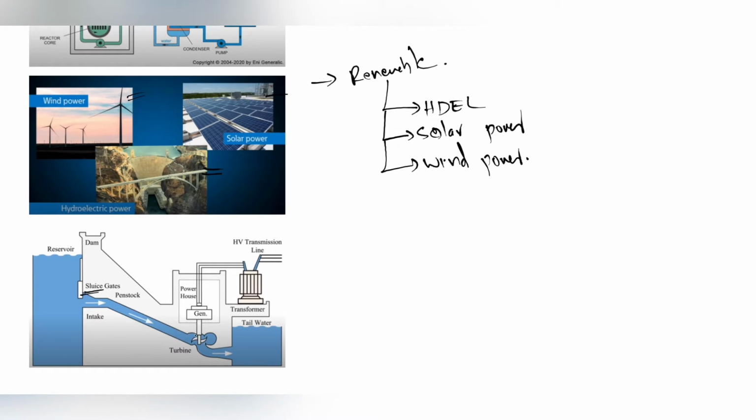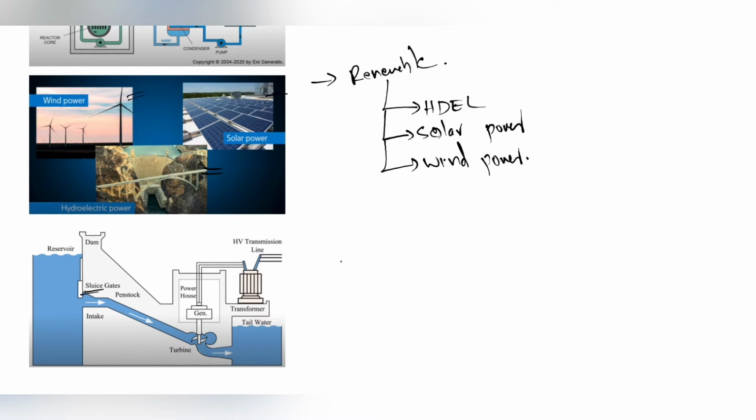The turbine rotates the rotor of the generator, and it creates the electricity. In some places, it also utilizes river flow pressure. It's not necessary that it always needs to be at different elevations, but some places also use the river flow pressure.